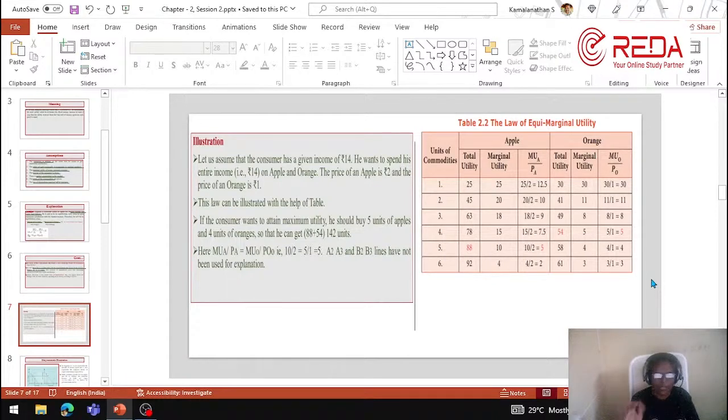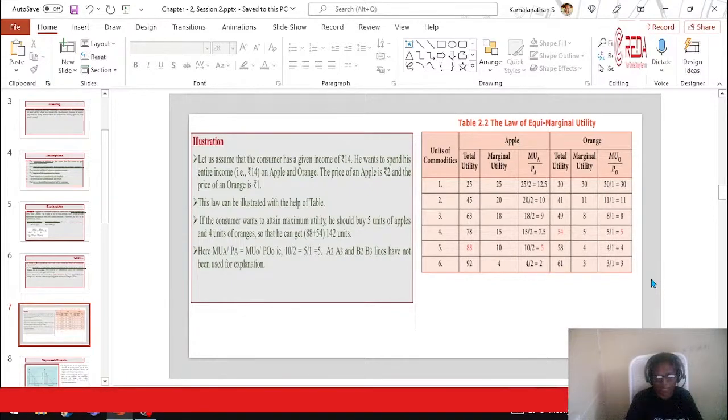So at that point the consumer will have an equal level of satisfaction when he purchases 5 units of apples and 4 units of oranges, and by combining both utils the total utility will be 144 units for the consumer. So the concept is very simple. To analyze the equal level of satisfaction we need to know the marginal utility with the help of the price. This is very important in the law of equi-marginal utility.